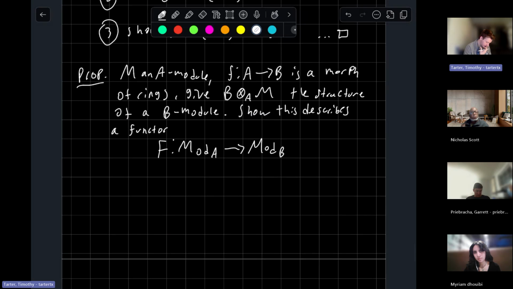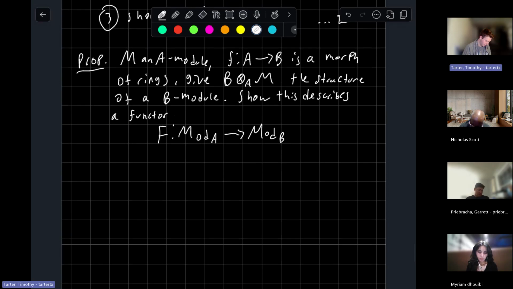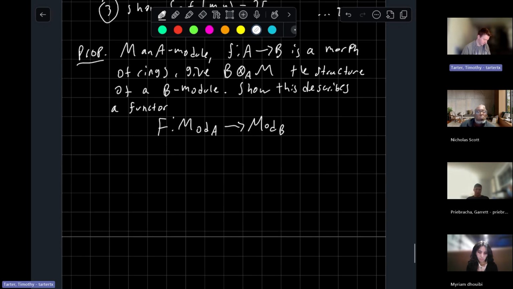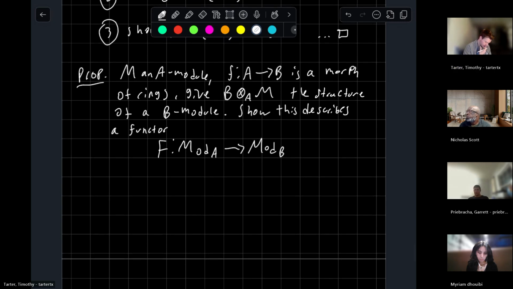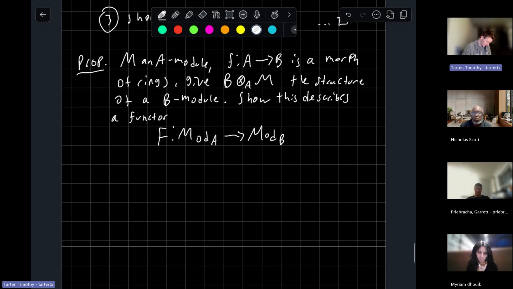What we're saying is that we have a morphism of rings between A and B, and that since we have a morphism, we want to take basically F inverse of B tensor product M and use the universal property to show that it's an A module.